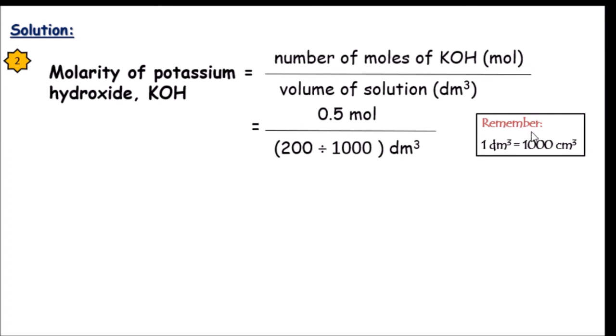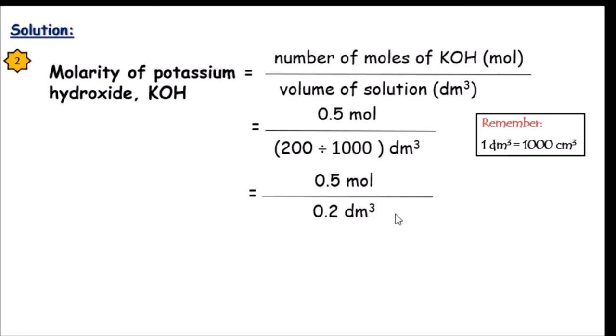So, remember, 1 dm³ is equal to 1000 cm³. If you have the unit in cm³, you need to change to dm³. Remember, you need to divide by 1000. So 200 cm³ divided by 1000 is equal to 0.2 dm³.